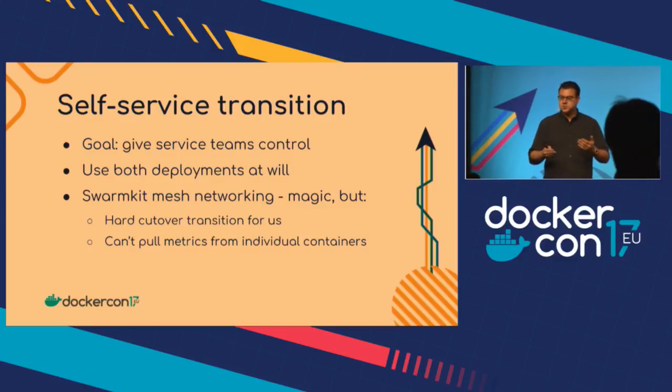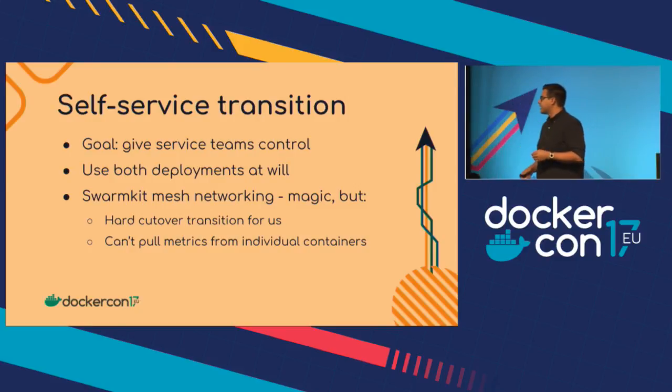So we looked at the new SwarmKit stuff, and this was a while back. And we found that there's this cool new thing in SwarmKit called mesh networking. Basically what happens is when you create a service, it gets a port. Each host exposes that port, and when you access that port, you get routed to whatever container is associated with that service, no matter what host it's on. So it's a really cool internal routing mesh thing.